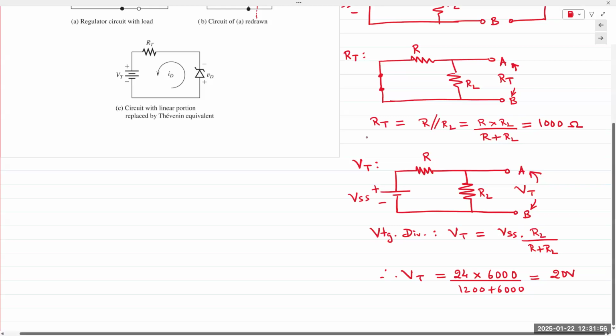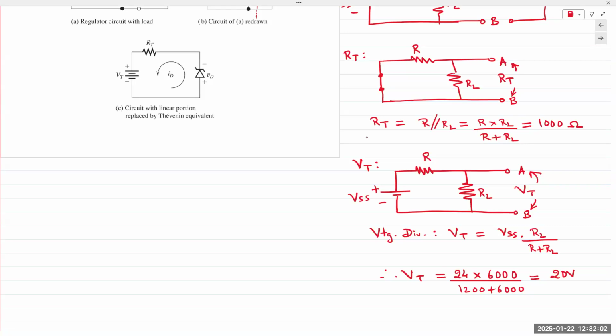Let's take a pause, then I'll make an observation. Any questions about how we found VT?